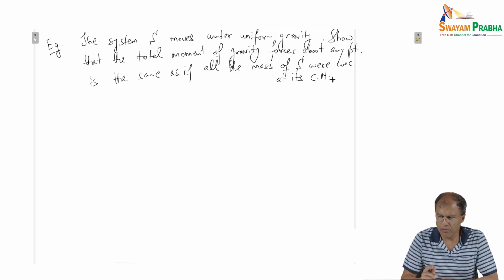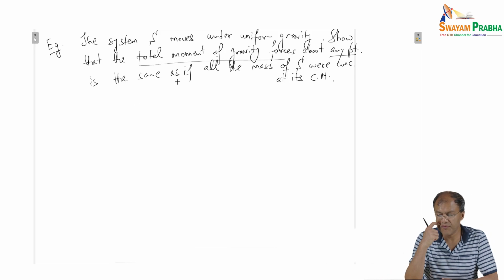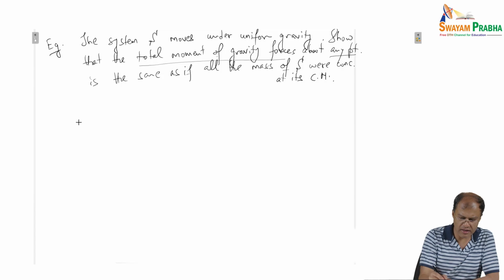So the problem says the system is acted upon by only gravity, and we have to show that the total moment of gravity about any point is the same as if the complete mass is acting upon at its center of mass. So what exactly is it asking? Let us try and find out the moment of force. So the moment in such a case is going to be K naught.